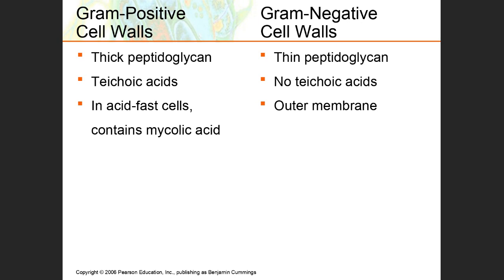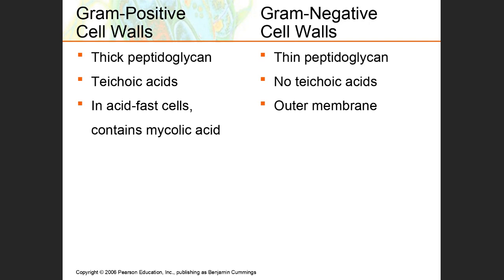So gram-negative bacteria actually have two lipid bilayer membranes. In between them is a thin layer of peptidoglycan. So those are the key points: thick peptidoglycan in gram-positive cell walls, very thin peptidoglycan in gram-negatives, plus an extra membrane surrounding the gram-negative cell. As we'll see, that gram-negative membrane does provide some protection to the gram-negative bacteria.